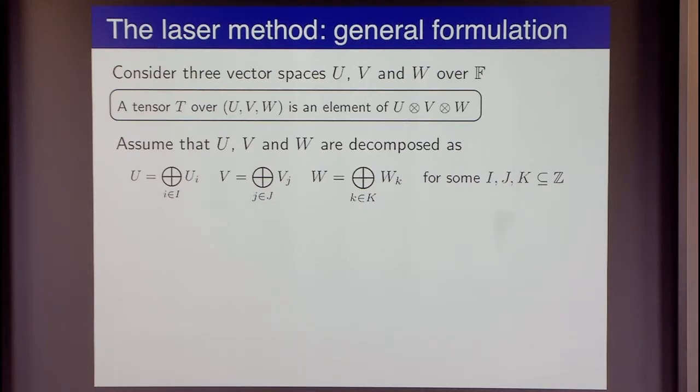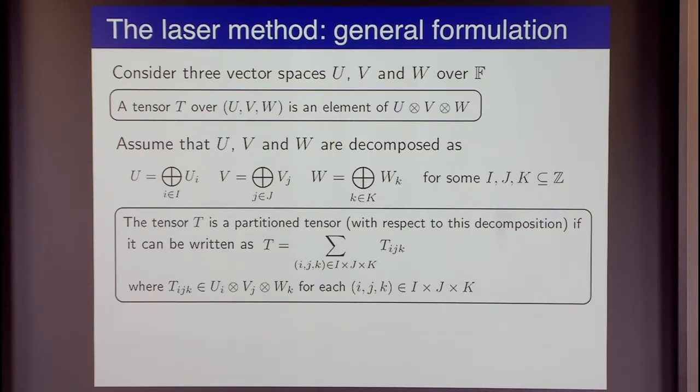If you assume that the three vector spaces U, V, and W are decomposed as direct sums of such spaces, then we say that the tensor T is a partition tensor with respect to this precise decomposition if it can be written as a sum of T_ijk, where each T_ijk is a tensor in U_i tensor V_j tensor W_k. So it's a partition tensor if the tensor can be partitioned with respect to this decomposition.